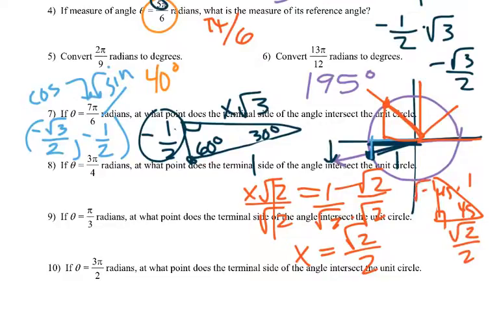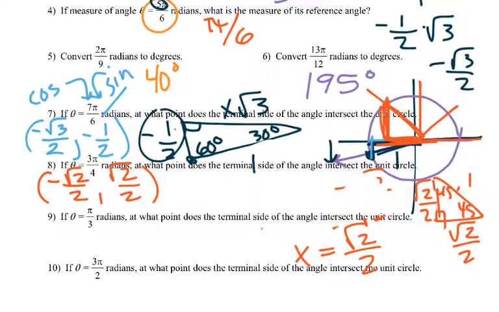Now, because it's in the second quadrant, the x value is going back, so it's negative. So negative square root of 2 over 2. And the y value is going up, so it's positive, so it's square root of 2 over 2. Okay? And that's how we figure out that one. And all the 45 degree, all the whatever pi over 4s will have those answers.